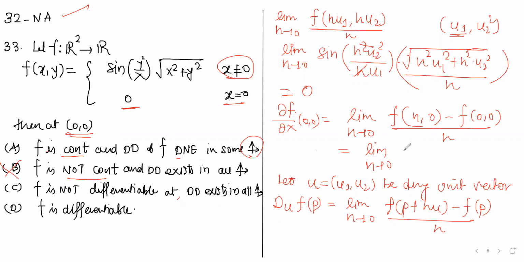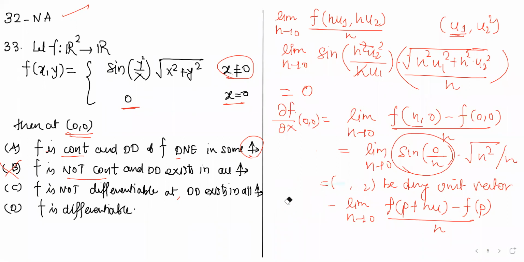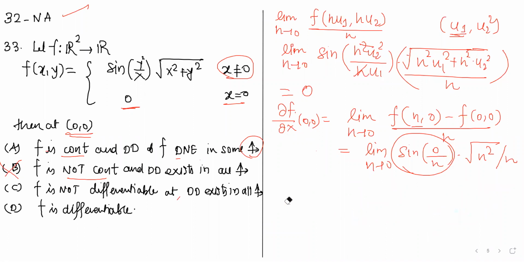So if I put sine of 0 upon h into this quantity h square whole upon h, this entire quantity becomes 0, because sine of 0 is perfect 0. So the first partial derivative exists, and it equals 0.